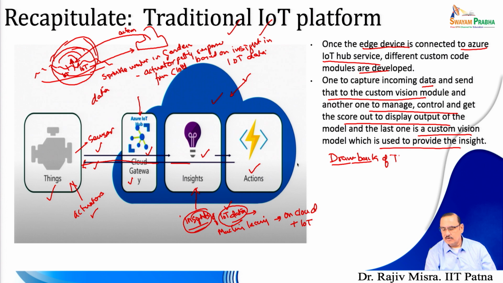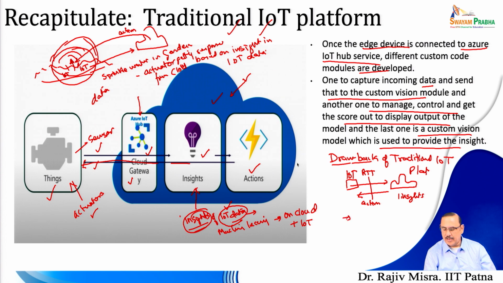The drawback of the traditional IoT platform is that IoT is sending data directly to the cloud for getting the insights of an IoT data, that is the sensor data, and it computes an action, and that action is again communicated back. This particular time is called round trip time.